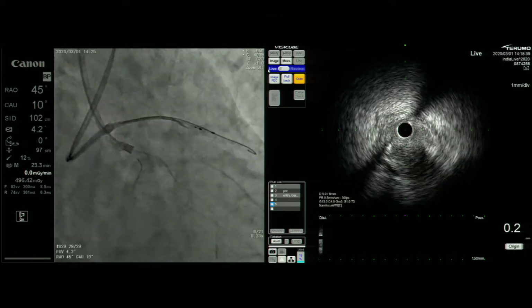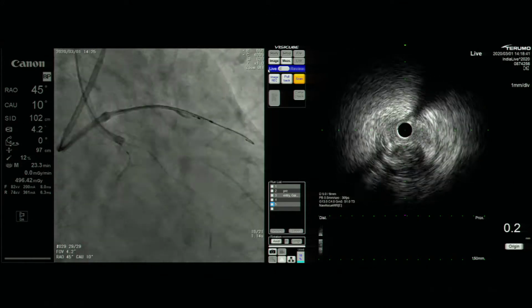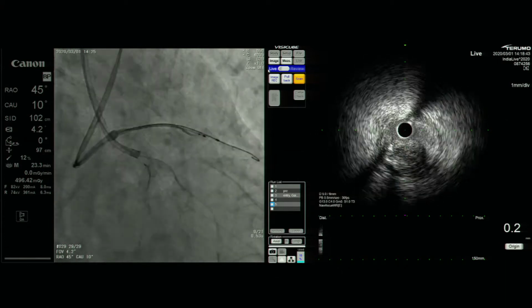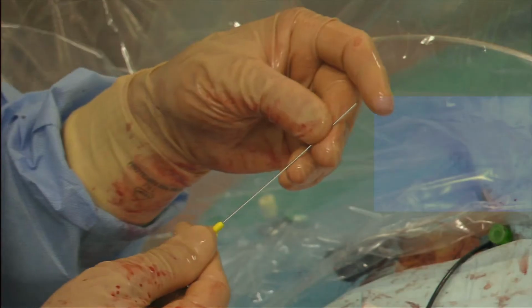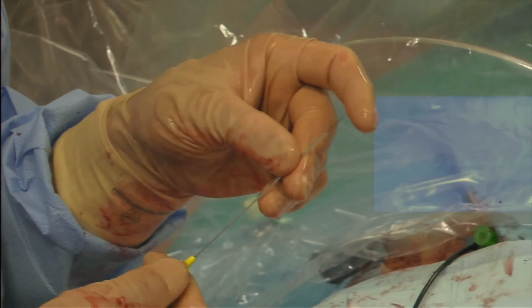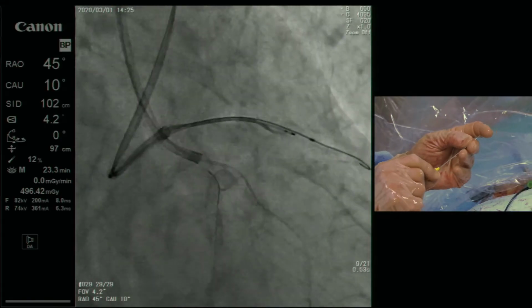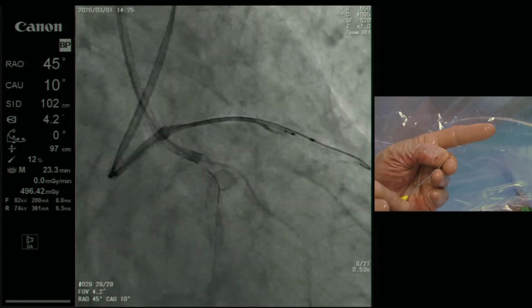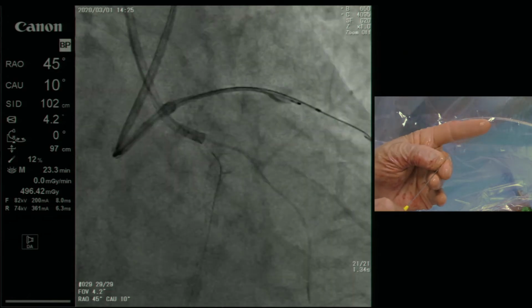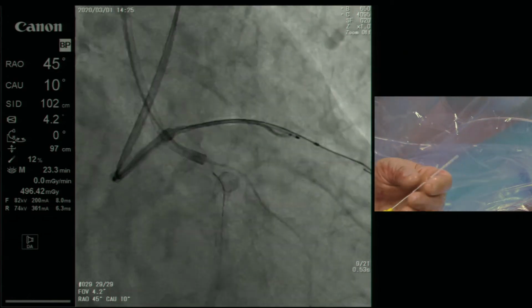Can you see? Yeah. So we already confirmed the tip of the Corsair is inside the intima. So now he will use XTR to negotiate the second channel. The wire advanced rather deep now into the first wire, I mean, with the knuckle.